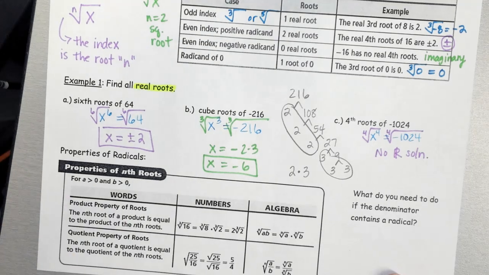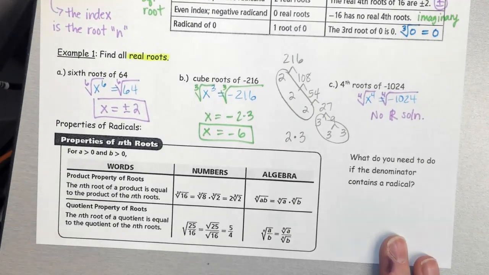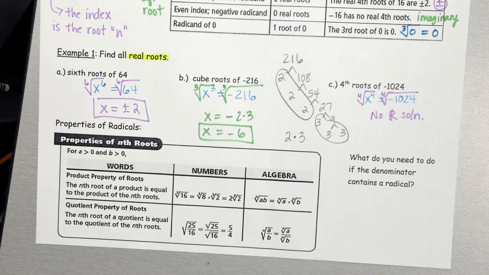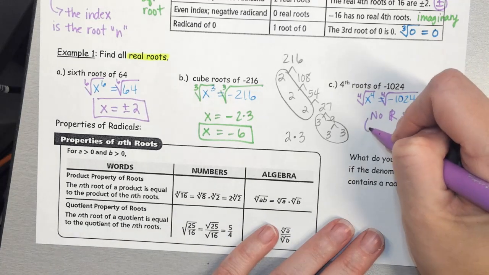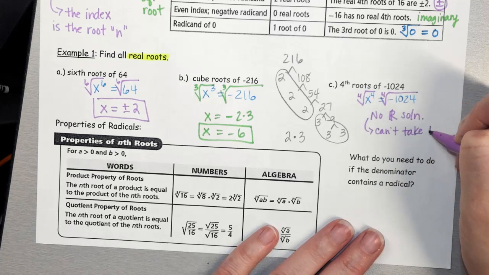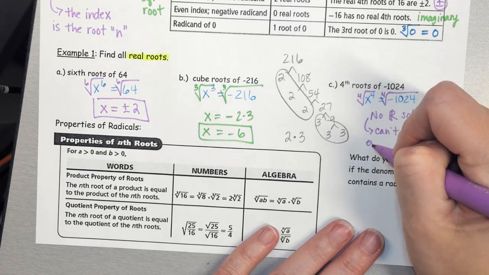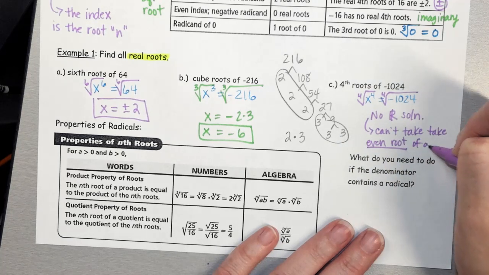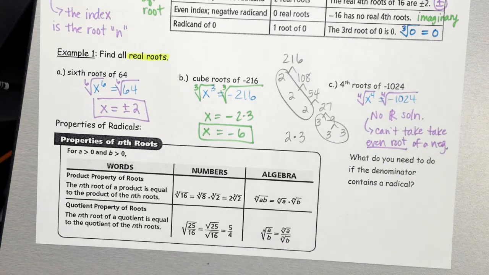It's because it's an even root. Yes, if it was an odd root, then we would factor tree it. And if you could find imaginary, we would factor tree it. Okay, but for this, there's no real solution, and that's because you can't take the even root of a negative. Okay, that produces imaginary solutions.